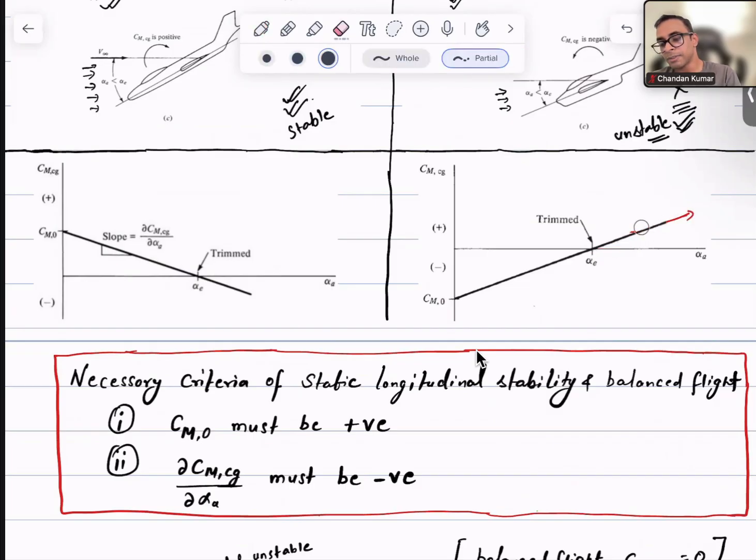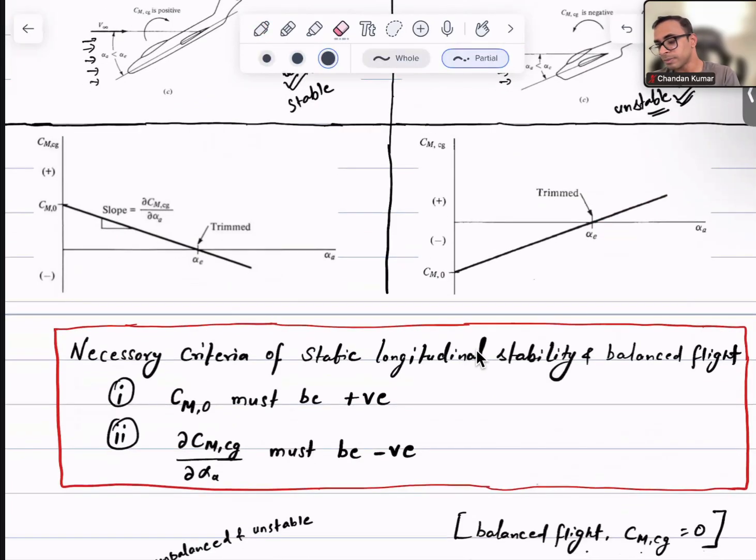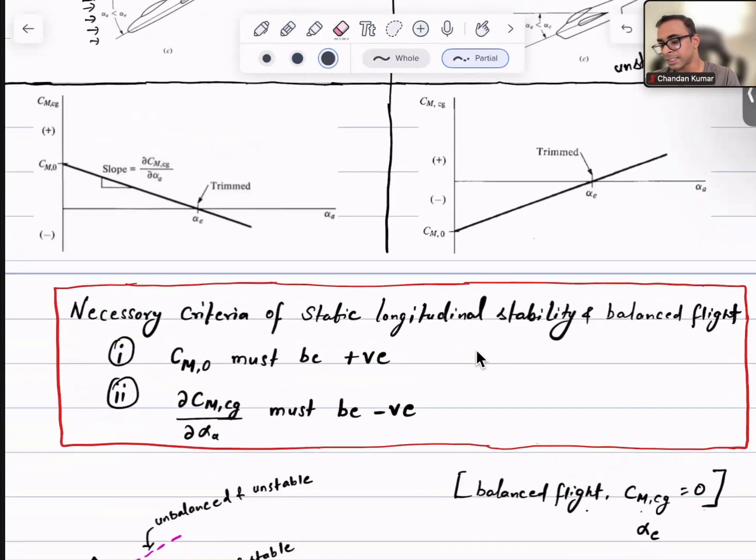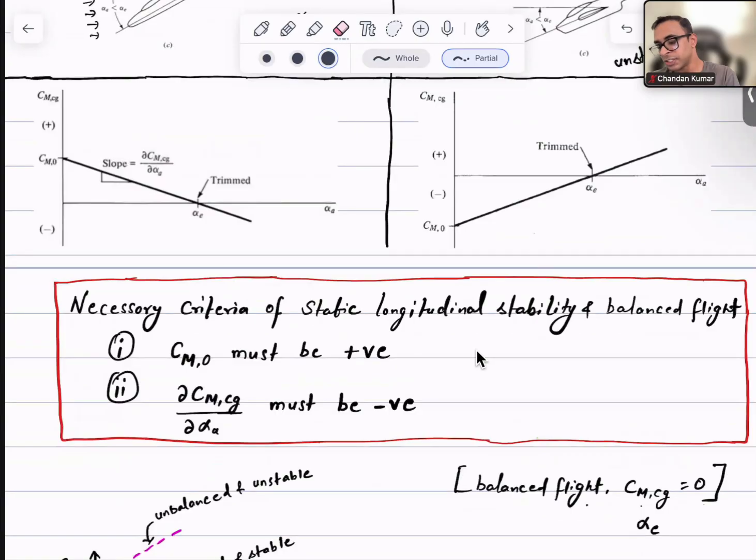So to have longitudinal stability, we establish two necessary criteria: the moment at zero angle of attack must be positive, and the slope of the moment against the angle of attack must be negative to have a longitudinally stable flight.